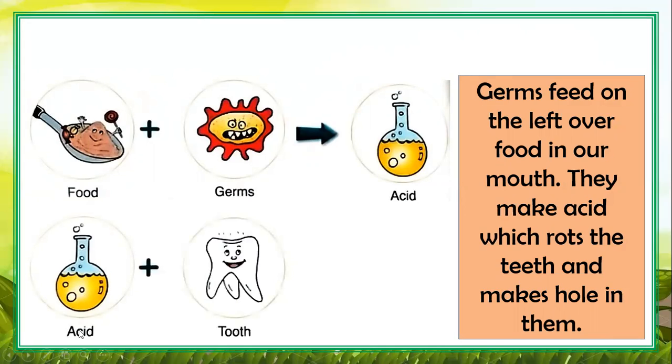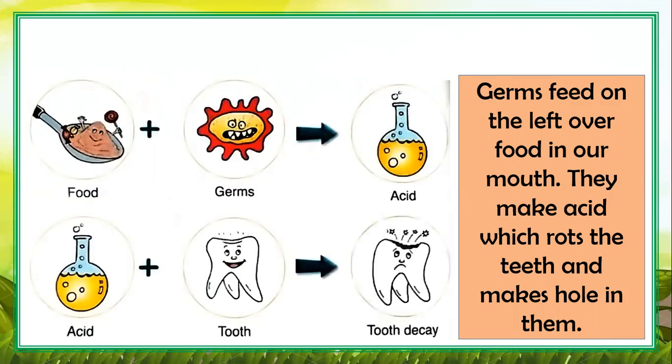So once it gets contact with our tooth, it causes tooth decay. So again, germs feed on the leftover food in our mouth, and then they make acid, which rots the teeth and makes holes in our teeth or tooth.